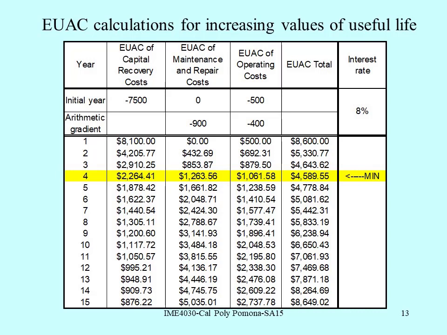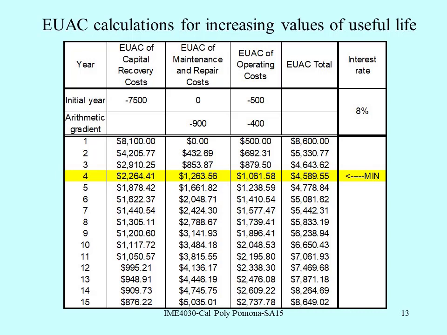So the $7,500 has been multiplied by the A over P factor for 4 years to get that. That shows how that $7,500 would be spread over a 4-year life at the minimum attractive rate of return.